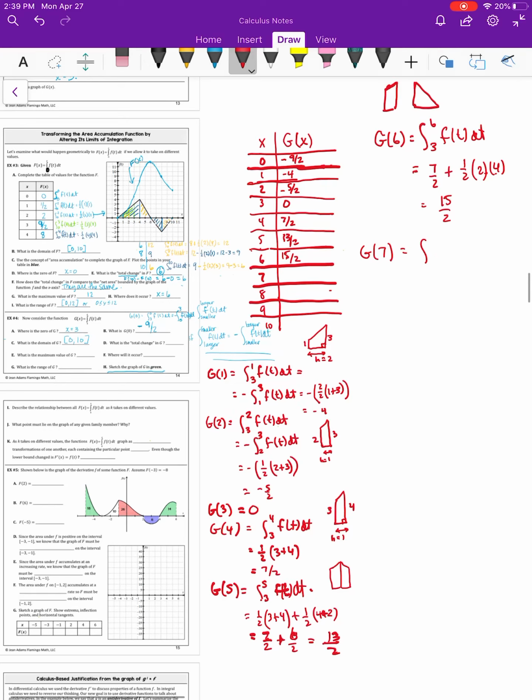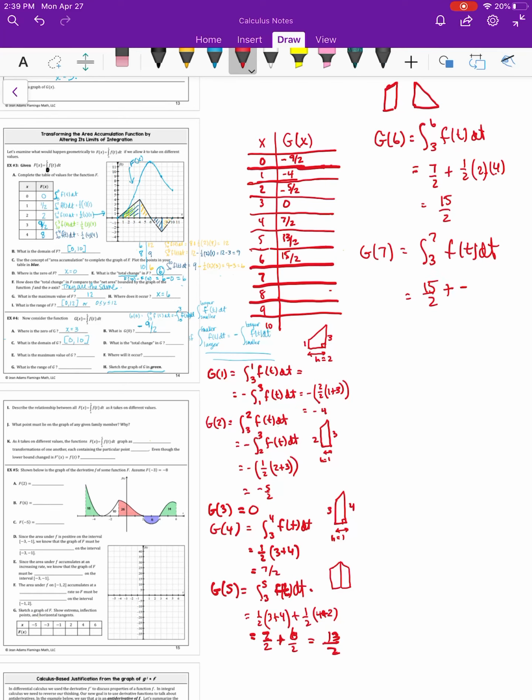And our g of 7, integral from 3 to 7, f of t dt. Well, we know that from 3 to 6 is 15 halves. So now I just need to add on 6 to 7, and it's negative.